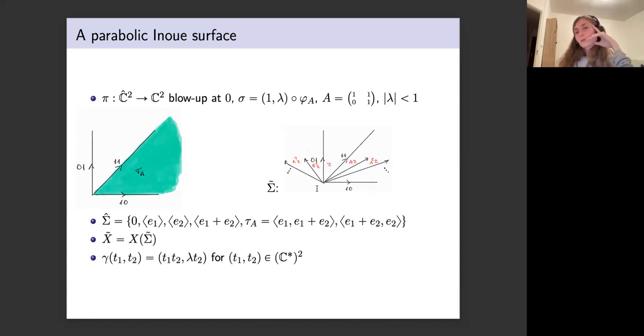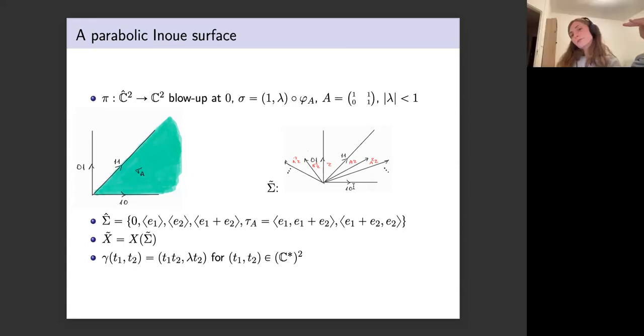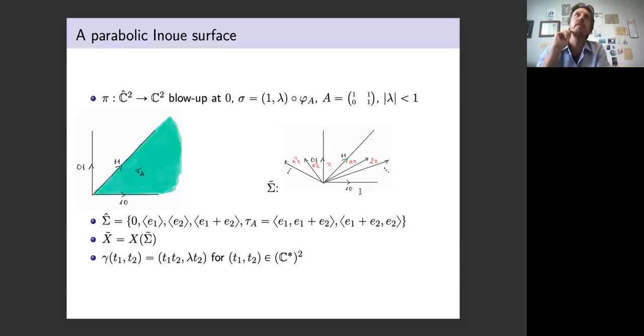It's not the full upper half, because minus 1, 0 will never be touched. Oh, so there is half a segment completely missing. Yeah. And also 1, 0 is really one cone which is isolated from the rest. It doesn't touch the other cones. So it's rather the open half plane to which you add 0 and this one 0. This is the support of the fan. Yeah, this is what you're asking.